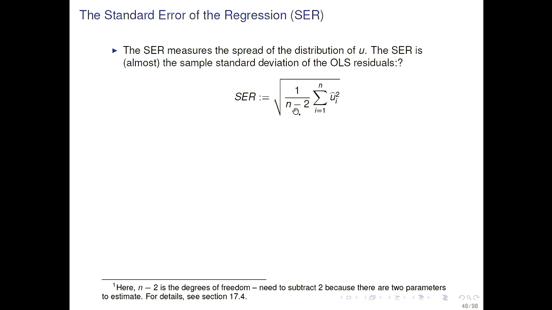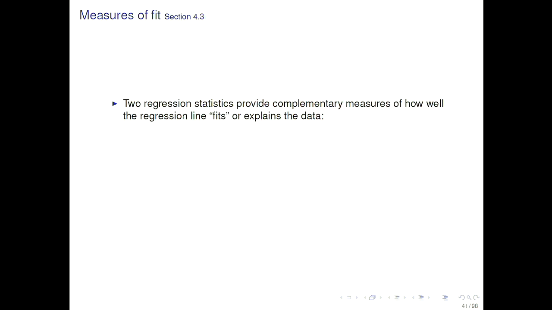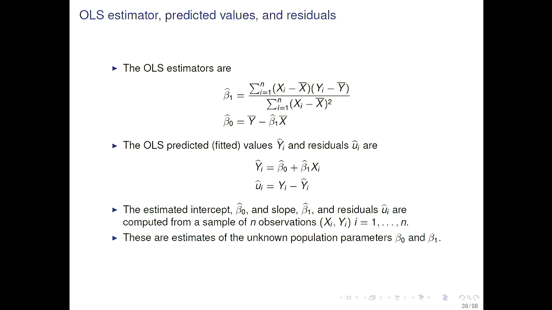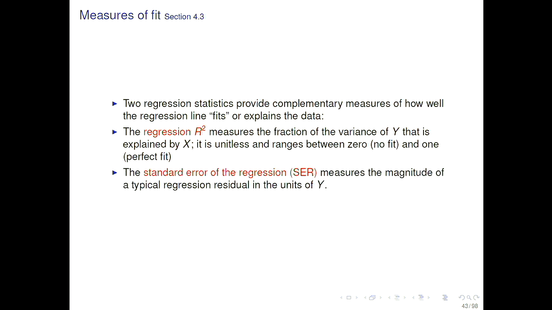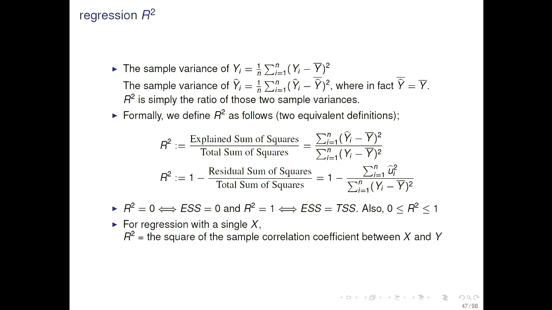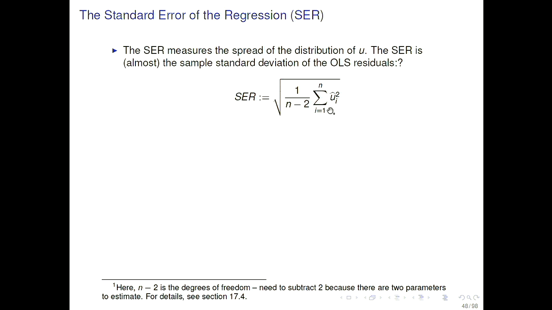But here, this is the standard error. If you remember the fitted value here, when y is measured in dollars, then the residual has to be measured in dollars as well, right? So the standard error of the regression is unit specific.